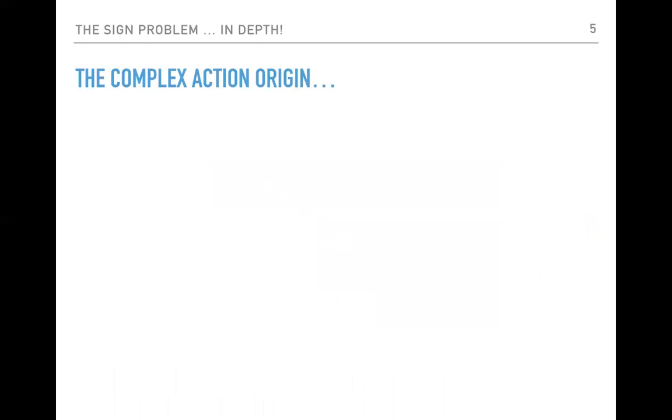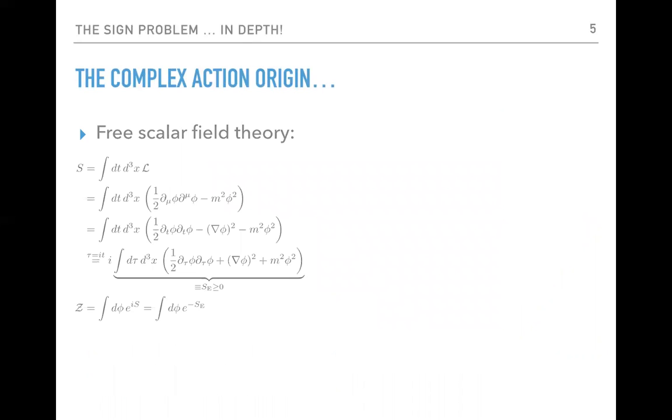When you have, for example, the free scalar field theory, the usual path for studying this theory in the Monte Carlo approach is to make a Wick rotation to Euclidean time, and then the action becomes positive definite. You can then use this weight as a probability distribution, as a Boltzmann weight, generate a set of configurations distributed according to this weight, sample that, and calculate expectation values just by taking normal averages.